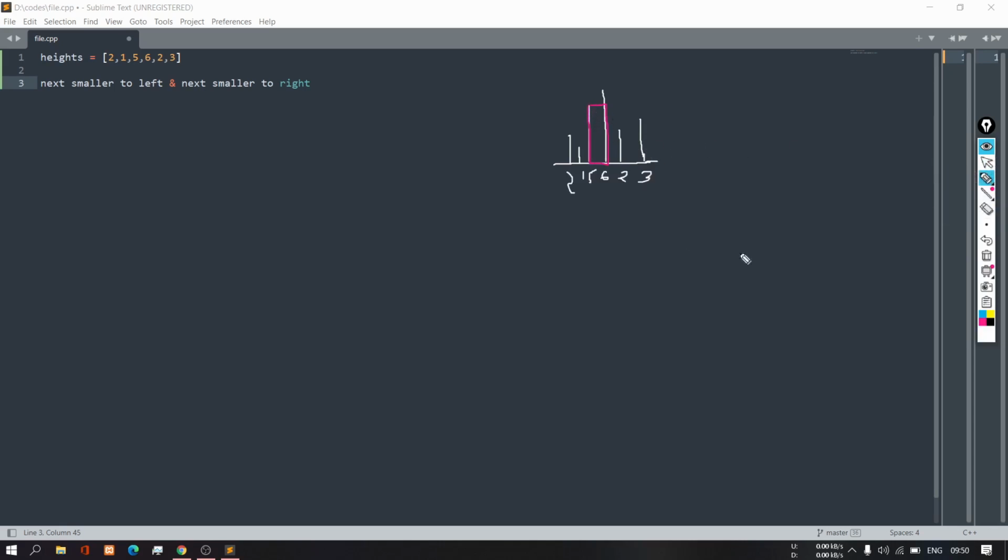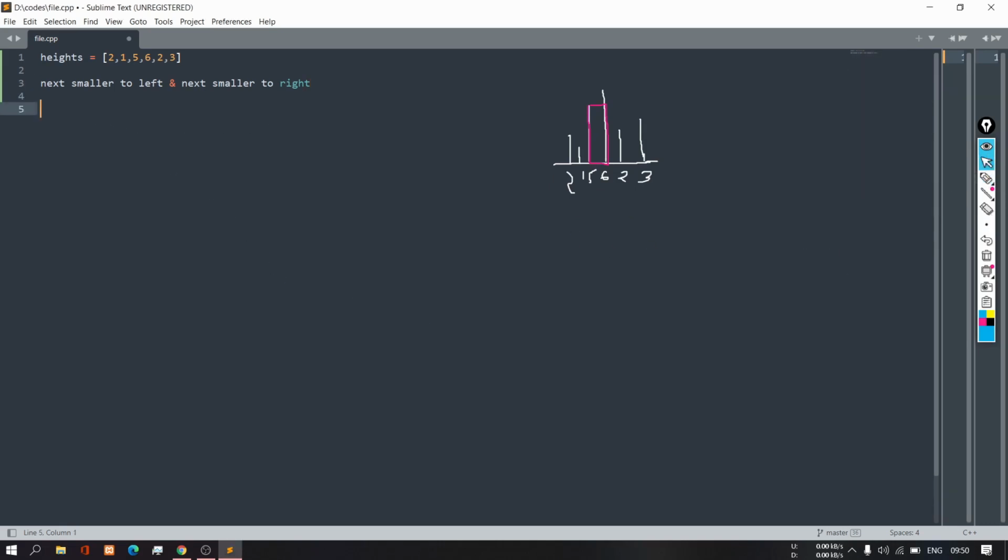So you can see what we will do: first of all, we have to find out for every element the next smaller to the left and next smaller to the right.